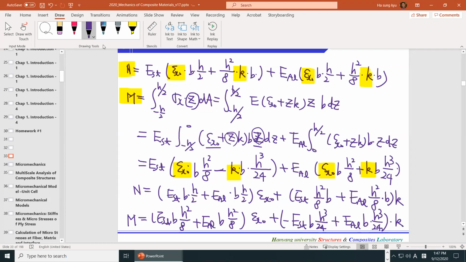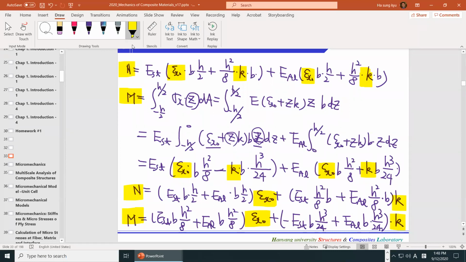Okay, so these are the terms in the moment. We have epsilon 0 and curvature, and this is a moment and epsilon 0 and curvature.